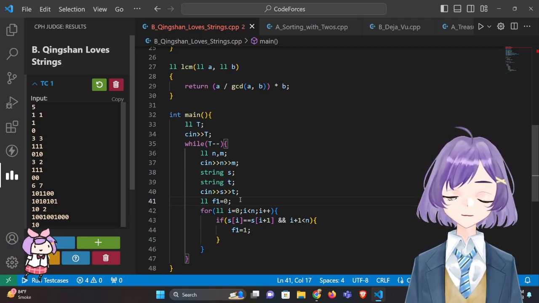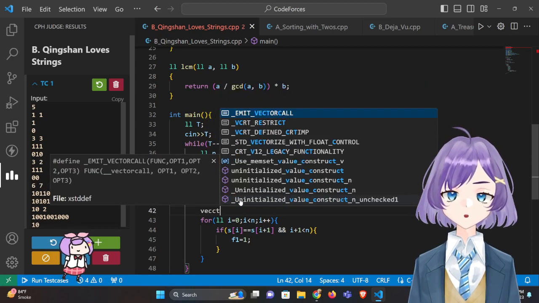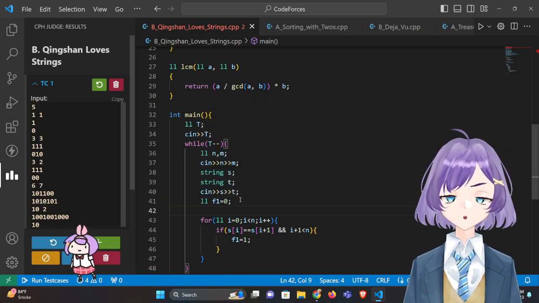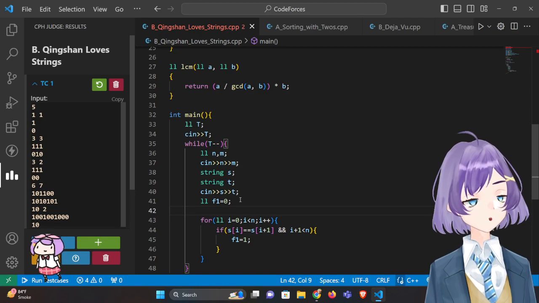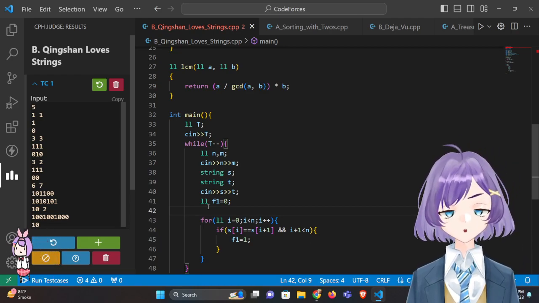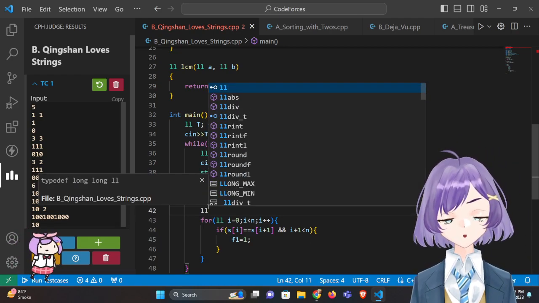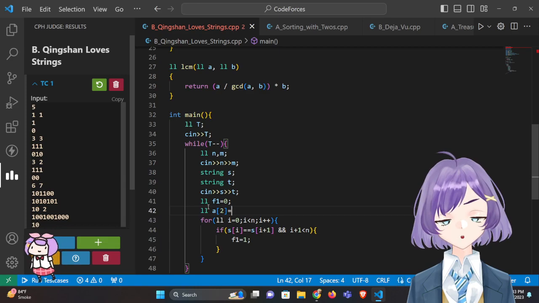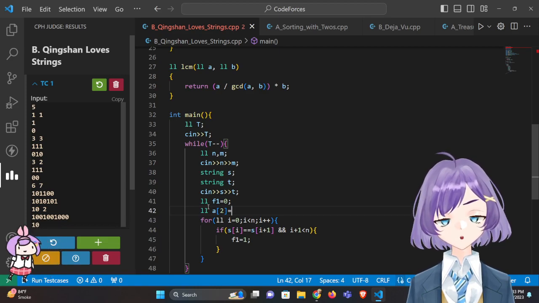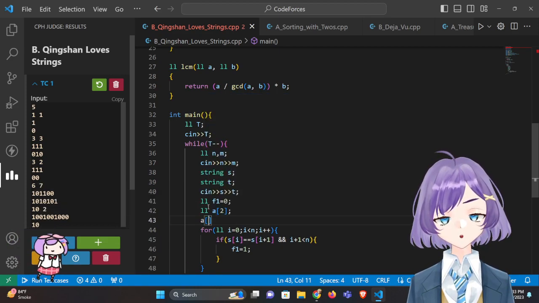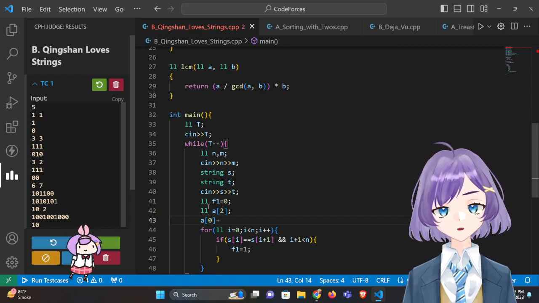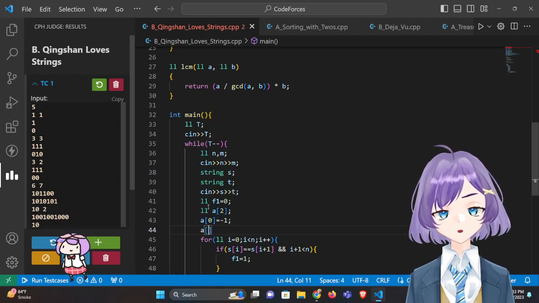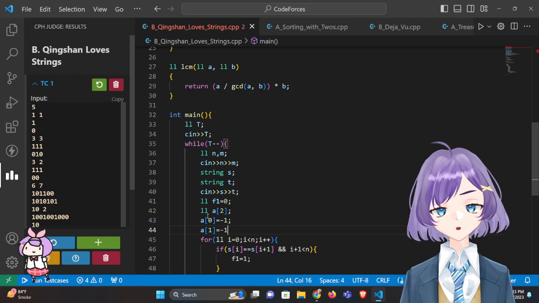And max, no. Long long A of 2 is equal to long long A of 2. A of 0 is equal to minus 1. A of 1 is equal to minus 1.